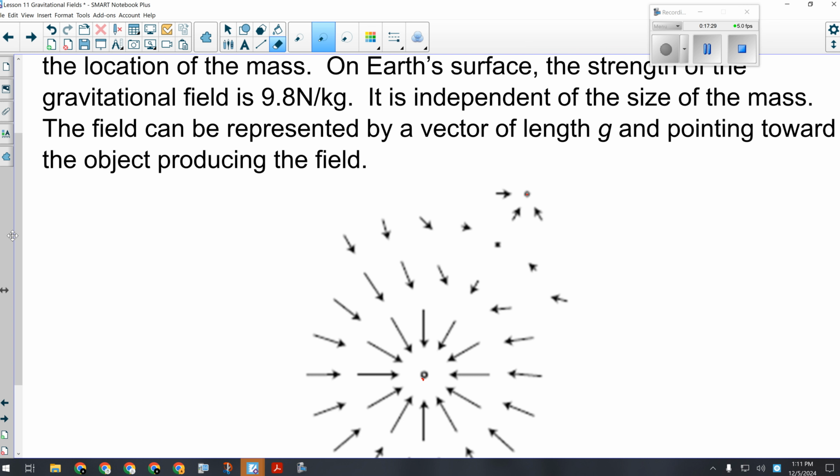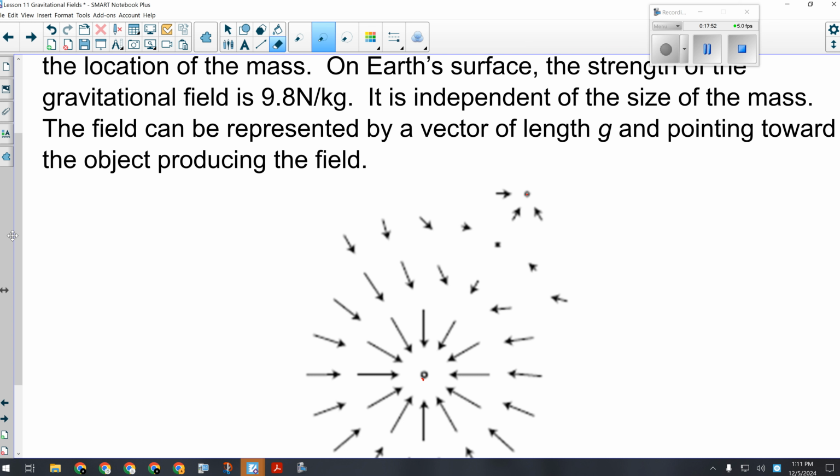Is there a spot in between them where you would be equally attracted to both? There is. We call those Lagrange points. They're actually everywhere. There's points between the Earth and the Sun that would be a Lagrange point. Basically where there would be zero net gravitational attraction.